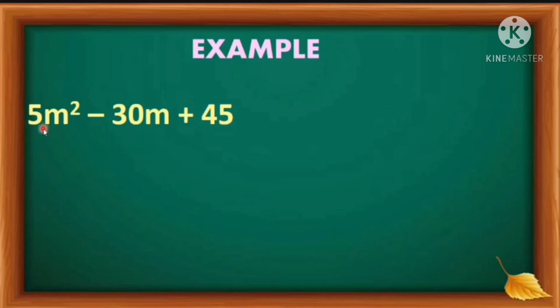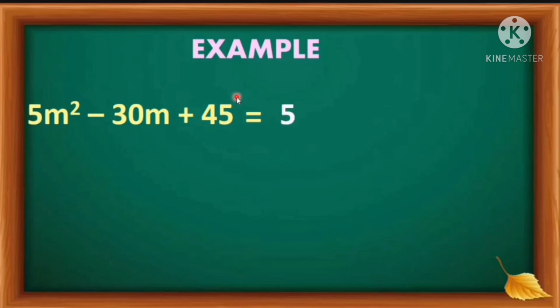Notice that if we take a look at each term of this trinomial, meron tayong common factor or greatest common factor or GCF katulad ng lesson natin in the previous video. 5m squared, negative 30m, and 45. Among the numerical coefficients 5, 30, and 45, what do you think is the GCF? The greatest number that can divide the three of them, or the GCF, is 5.